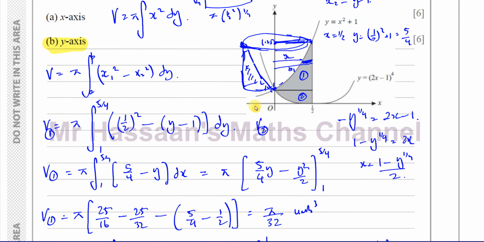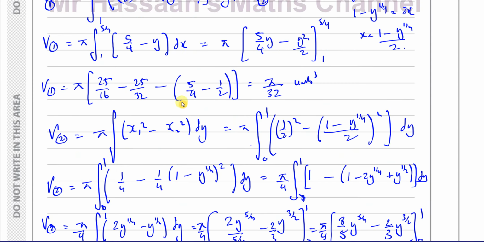So whichever way you want to do it, that's fine. And you could have done a similar thing for this. Found the volume of the cylinder between 0 and 1, and the radius would have been 1/2, sorry, and then taken away from that the volume of this curve as it's rotated around the y-axis between 0 and 1, and that would have given you the same volume. Added them together and you get the answer.